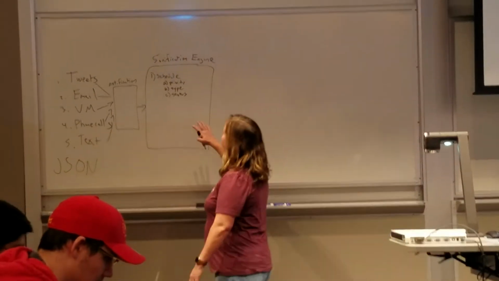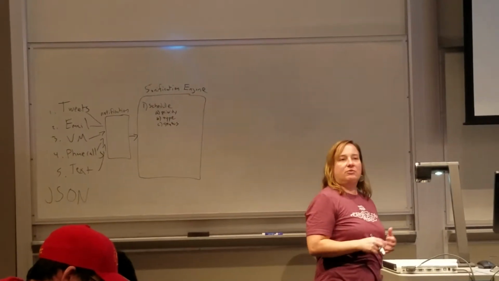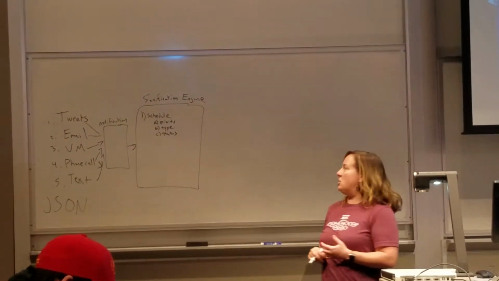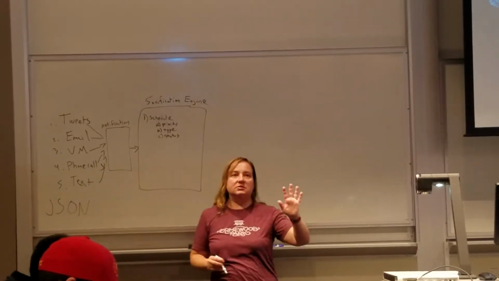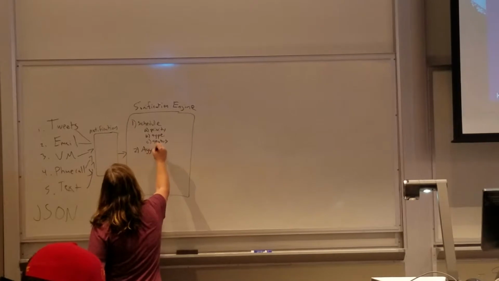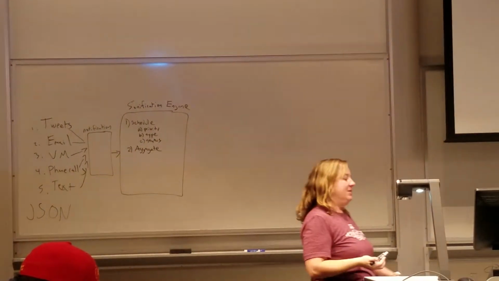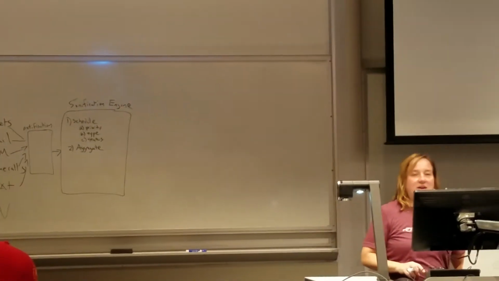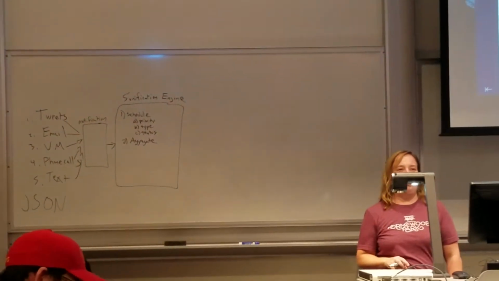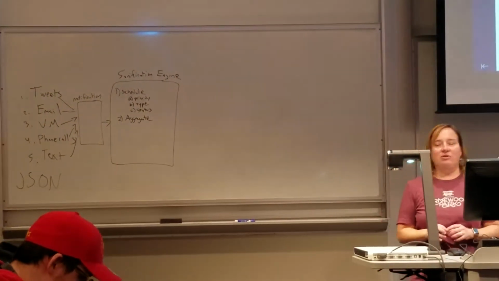Some of this stuff is so low priority or low interest that maybe you just wait, and maybe you even aggregate information. The tweets are a really good example of that, right? Unless you're some sort of internet influencer, you probably don't care that much about what is happening on your Twitter feed.